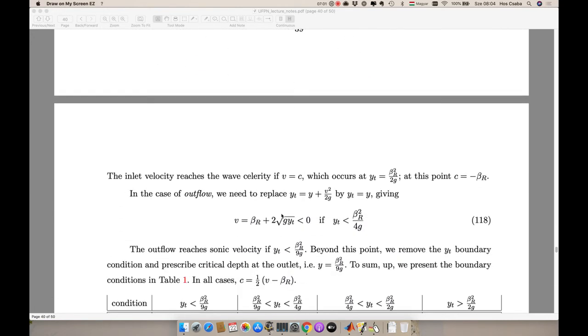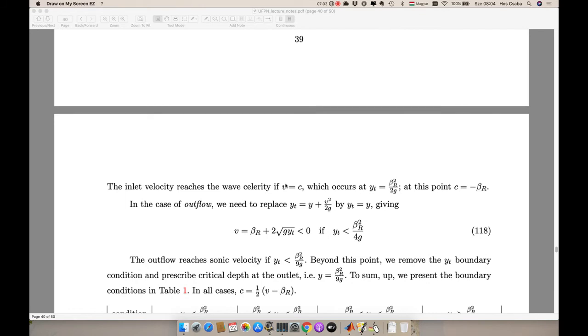There's another interesting question. What happens if the tank water depth is so high that the inflow reaches the wave celerity, which, if you do the maths, will happen at this tank water depth value, okay?